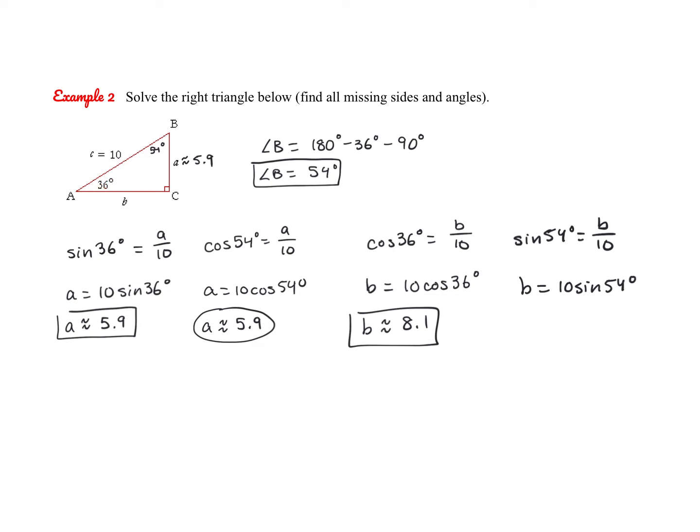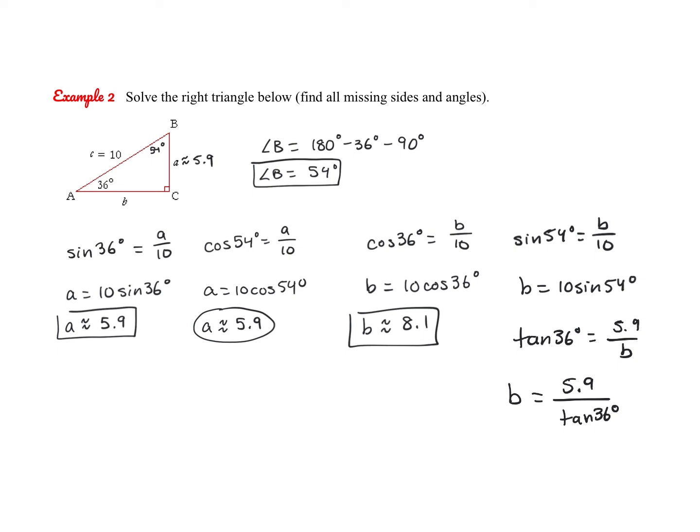We could say the tangent of 36 degrees is equal to 5.9 over B. If we do this, we would multiply both sides by B and then divide both sides by tangent. So you actually get 5.9 divided by the tangent of 36 degrees.